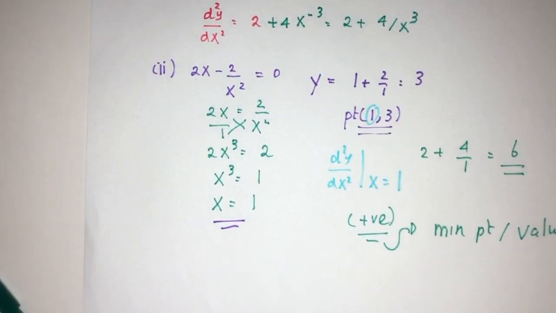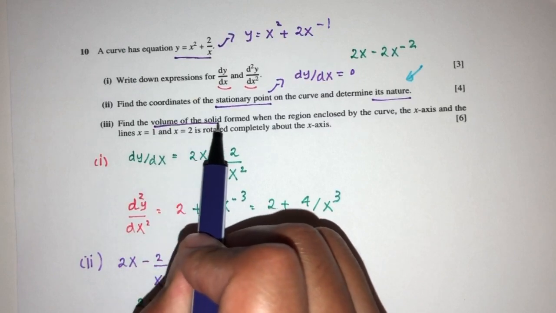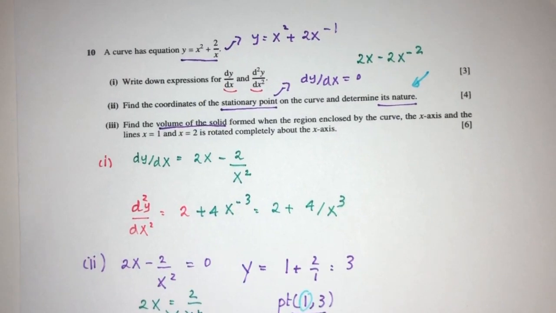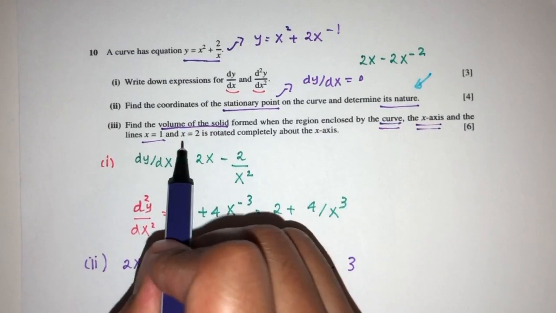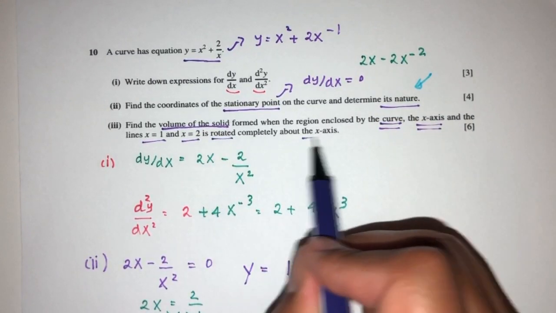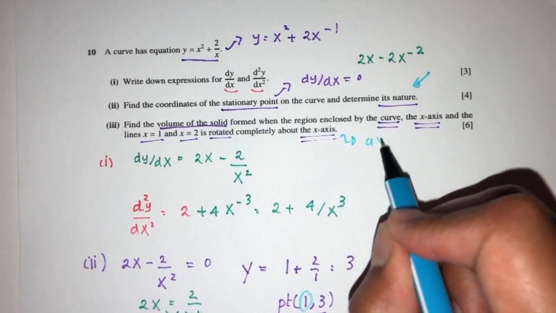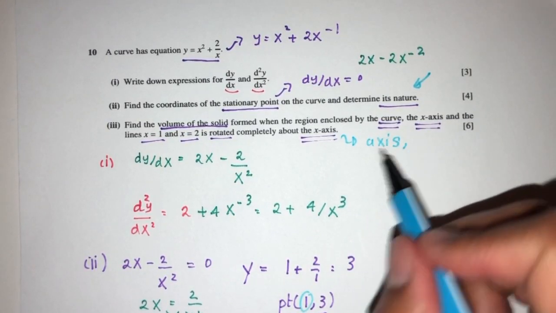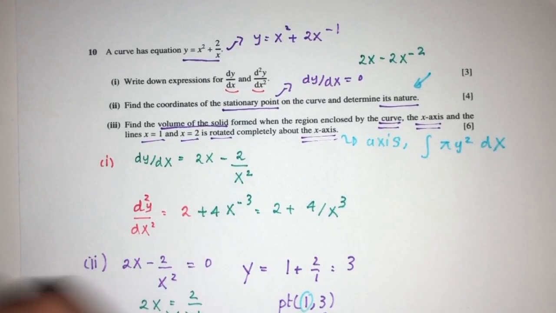That's question part 2. Now for part 3, we have to find the volume of the solid formed when the region enclosed by the curve, the x-axis, and the line this and this is rotated about the x-axis. Now again, we have to know rotation about the x-axis, the formula is pi y squared with respect to dx. So let me find some space over here to complete the last question.